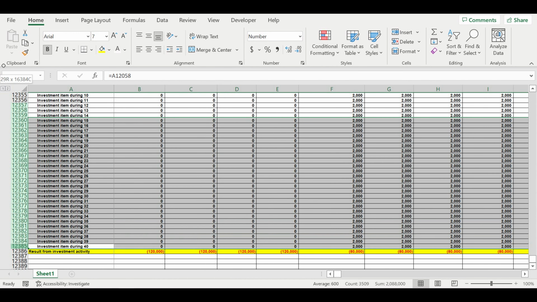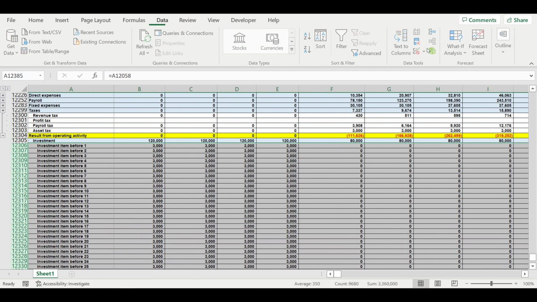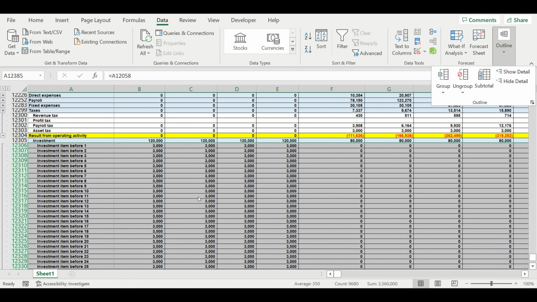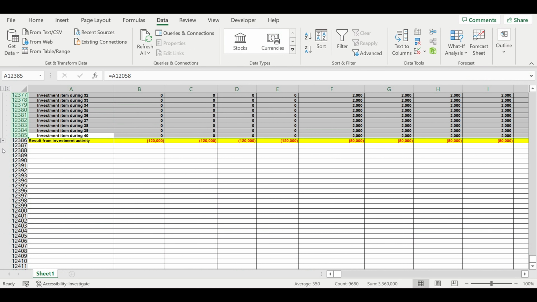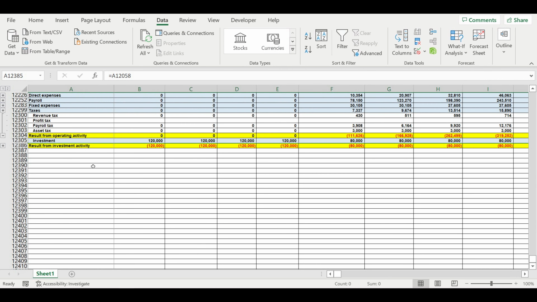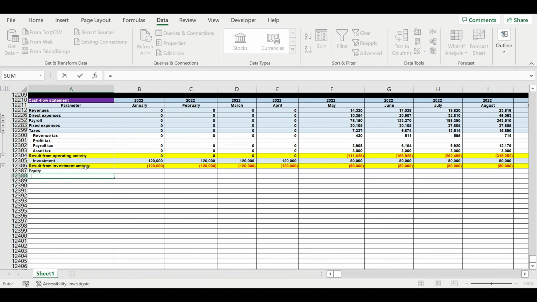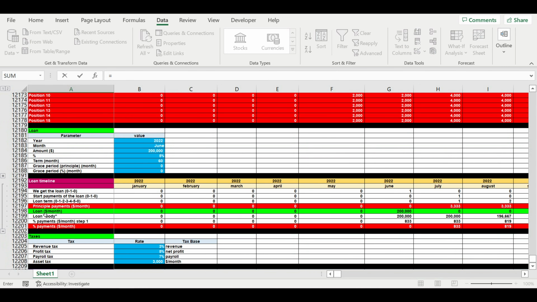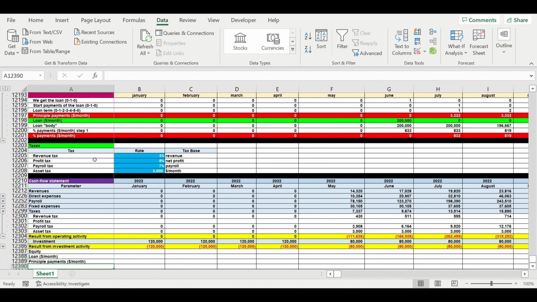Then we group this block. Then we have equity, our money from the pocket. Then we have loan. Then we have principal payments. Then we have interest payments.